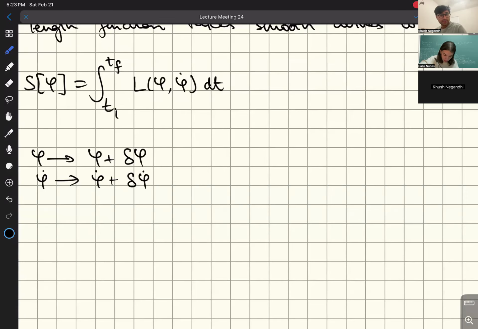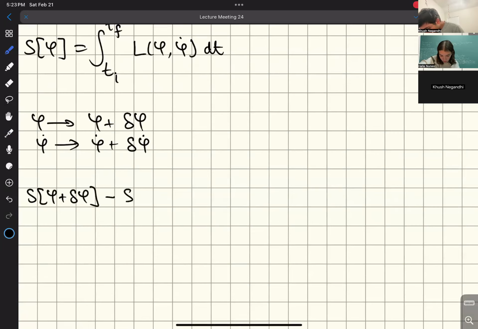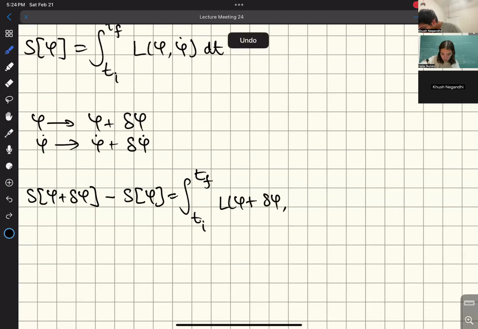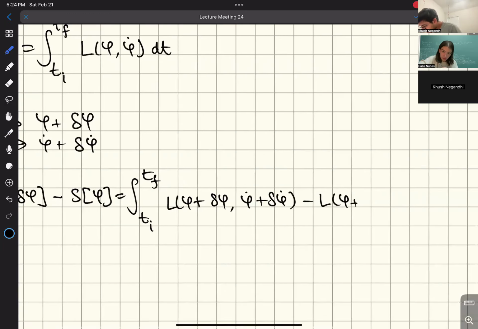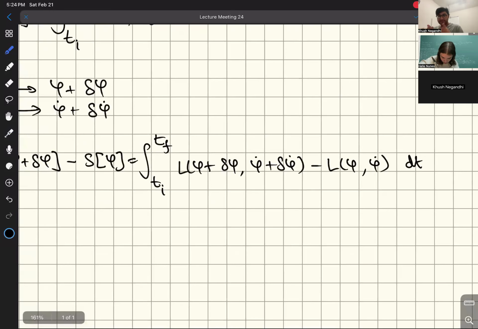Then what we're going to note is that S at phi plus delta phi minus S at phi is equal to... But now the idea is that we want this variation term to go to zero, right?